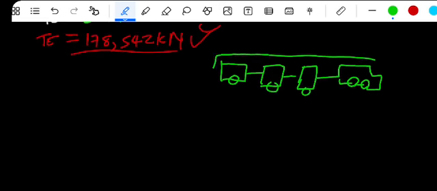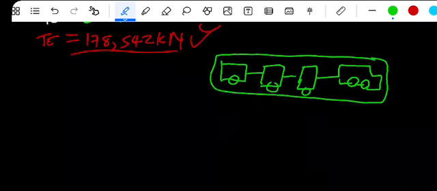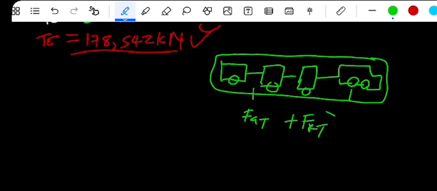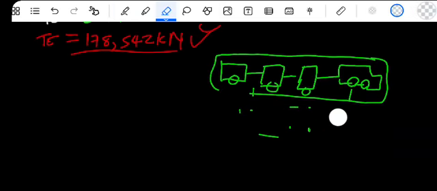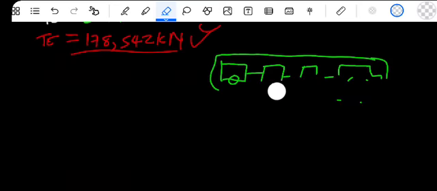Combine these. They said we should calculate the acceleration of the locomotive and the trucks combined. So we're talking about F total plus FR total, because this must be a combination. We're talking about totals; we've combined those things.